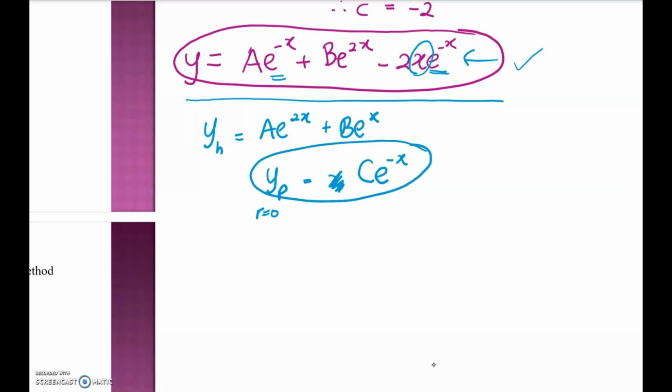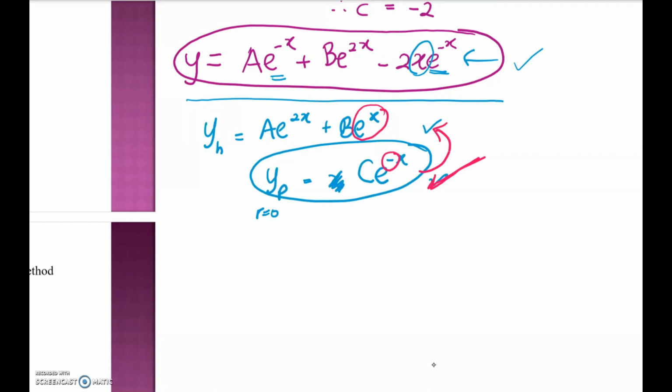Adakah kita katakan YP ini sama dengan solution dekat dalam YH? Sama ke tak? The answer is tak sama, because of dekat sini your K is negative 1. Okay, but here you have EX, positive X. This one is negative X. So that we can say that this is our correct initial guess. Sebab tak ada term yang sama dalam YP dan YH.